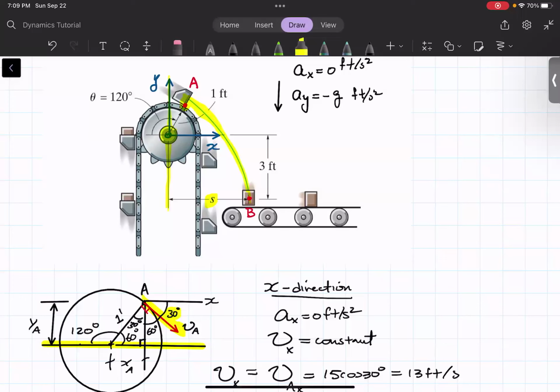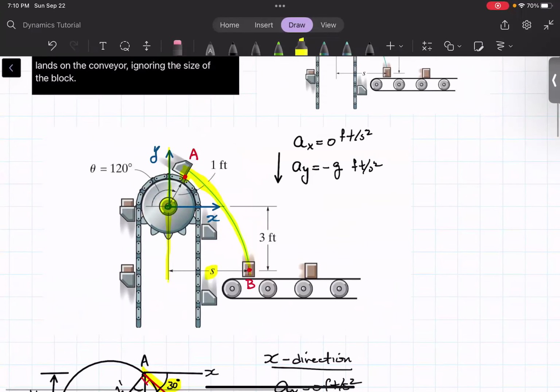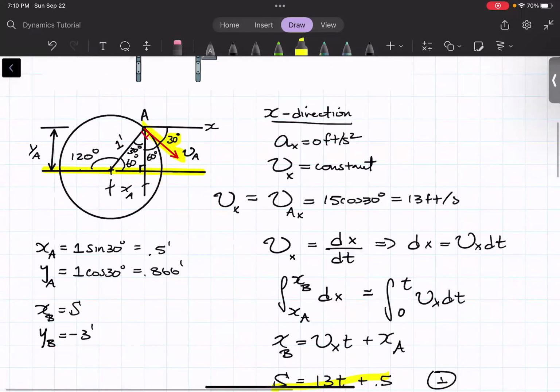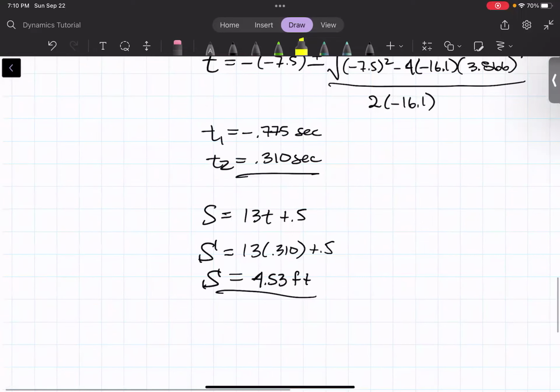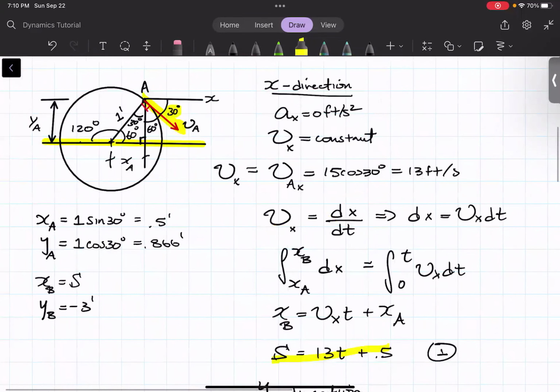We use XY coordinates, which is rectangular coordinates, and we use the special application within rectangular coordinates in the case where we have projectile motion. The projectile motion acceleration is 0 in the x direction, acceleration in the y is negative gravity. And then we derive our kinematic equations based off those two assumptions, and we solve for our problem, okay?